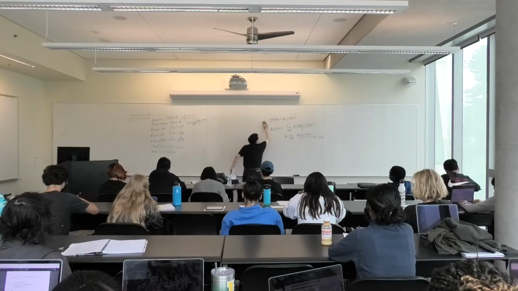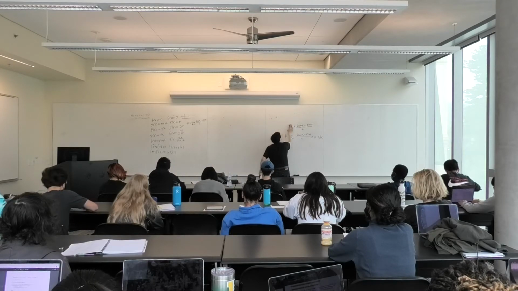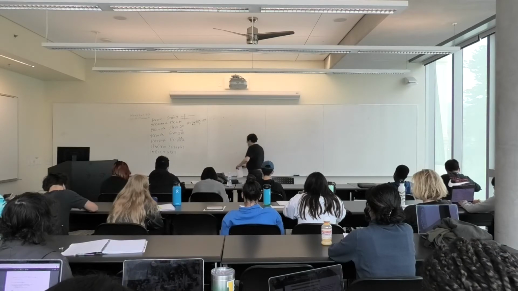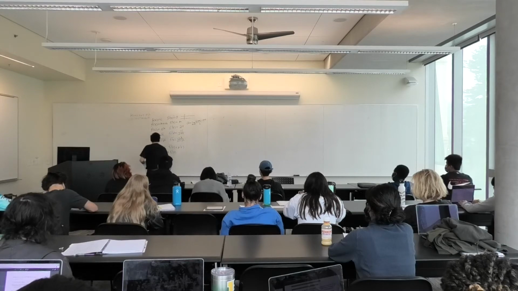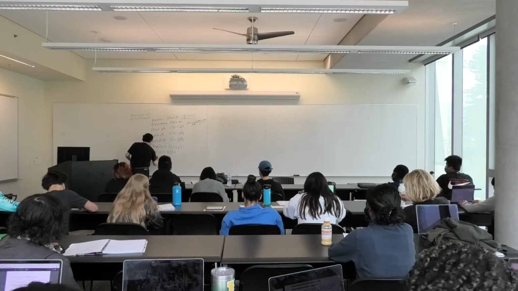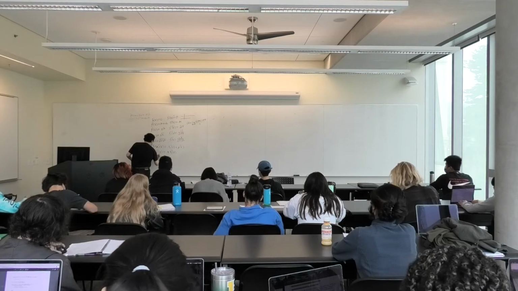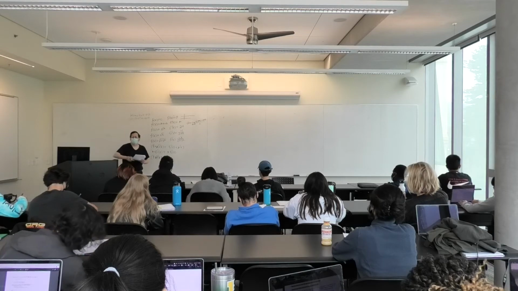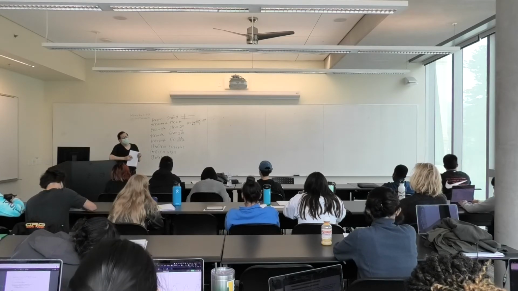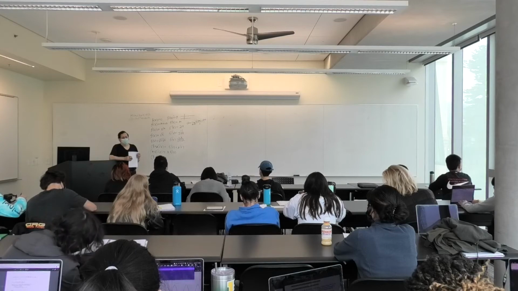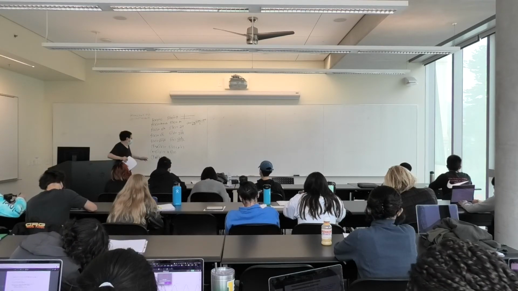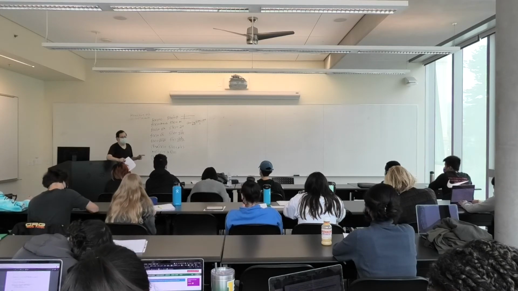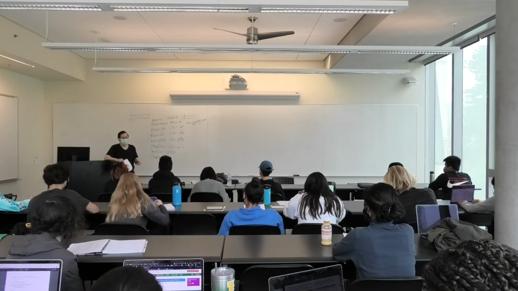What we would like is a formula or a rule for the product of two functions, f times g, the derivative of that at x, in terms of the derivatives of f and g. Now, wouldn't it be nice if the derivative of f times g of x was just the derivative of f times the derivative of g?